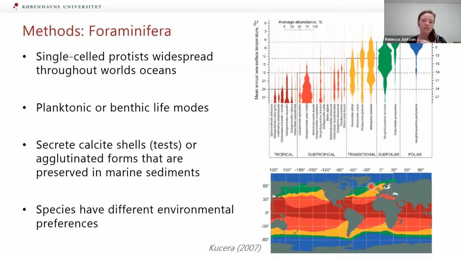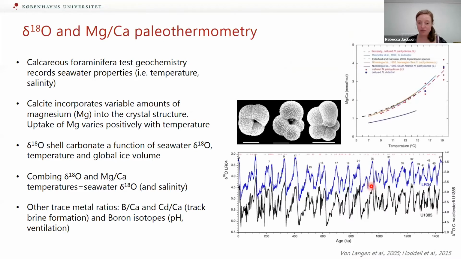So that's a qualitative way of using fossil foraminifera that we find in the sediment to try and infer past oceanic conditions. But if we have enough of them, we can go a little bit further, and we can actually start to investigate the geochemistry of these calcite shells specifically.